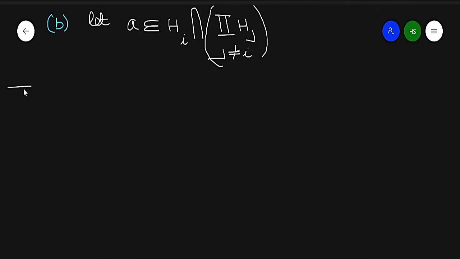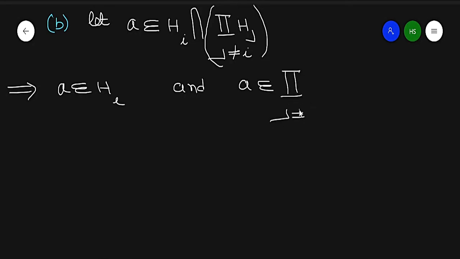It means this A belongs to Hi and this intersection. So it means A belongs to Hi and A belongs to this product, j not equal to i, of Hj. So it has all terms except the ith term. So the ith term is missing in this product.